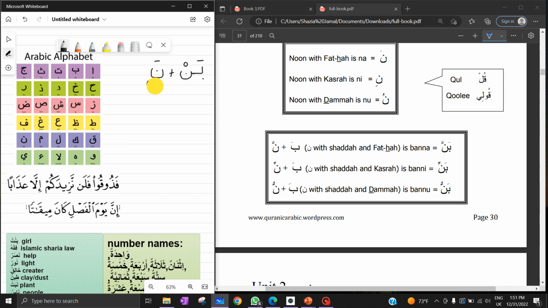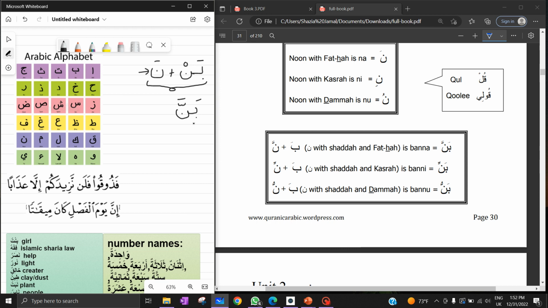This is how you will recognize whenever any letter is with shadda. In this case, the noon is with shadda. In short, you will write it as noon shadda with fatha. Why? Because the second noon is with fatha. So the first noon is pronounced with sukoon, where you stop on the letter noon, ban, and in continuation you will again pronounce noon with fatha, ban na.